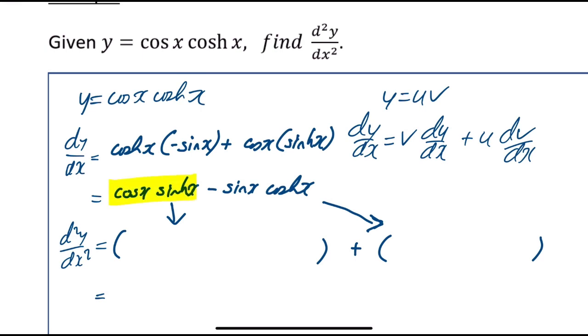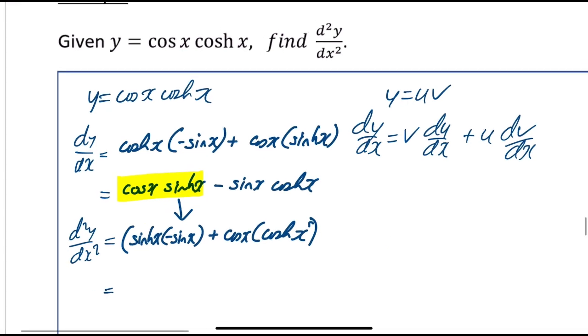And you'll use our product rule. So you're going to have hyperbolic sine of x times minus sine of x, and then plus, we'll have our cos of x times hyperbolic cos of x. That's what we've got.